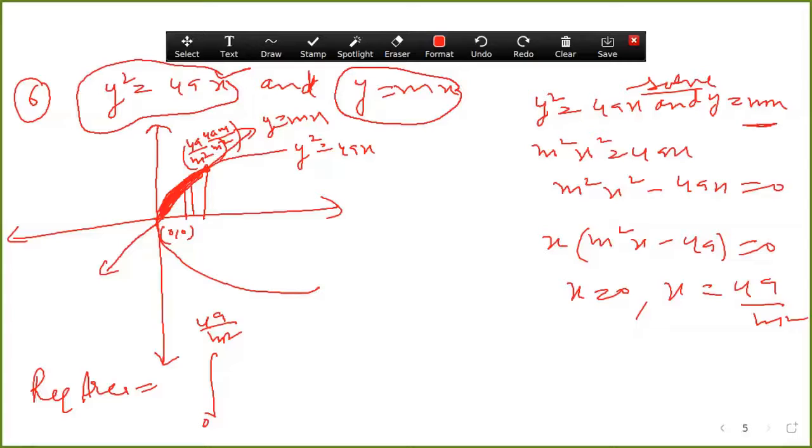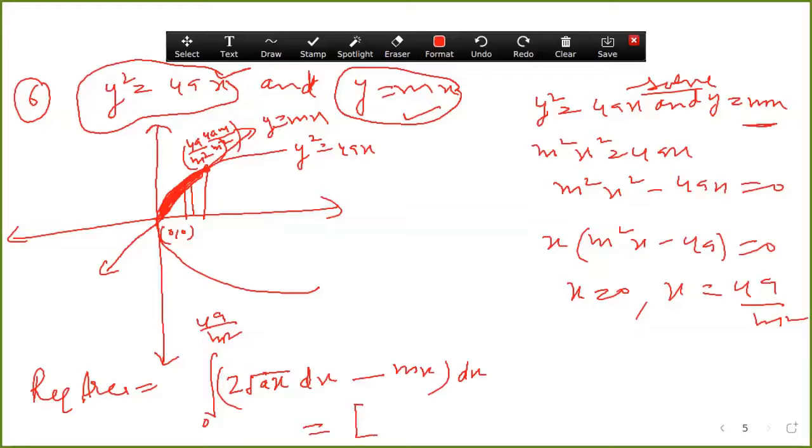So area under the parabola minus, parabola means 2 root a, root x, dx, minus from line, that is mx. Now integrate it, you will get the answer.